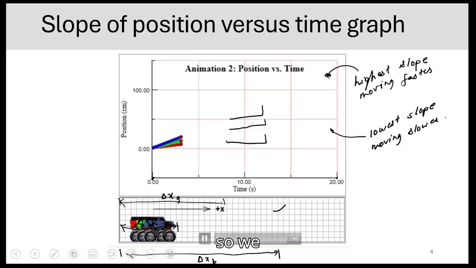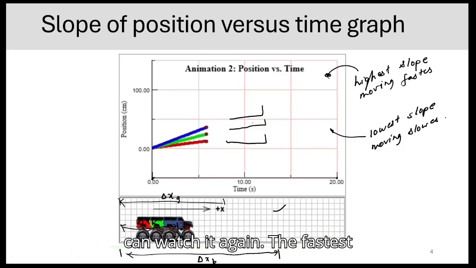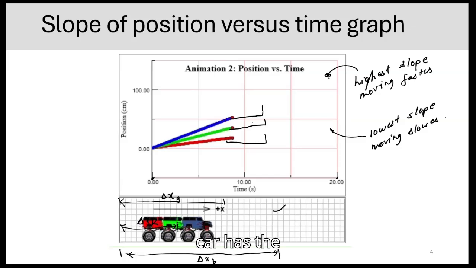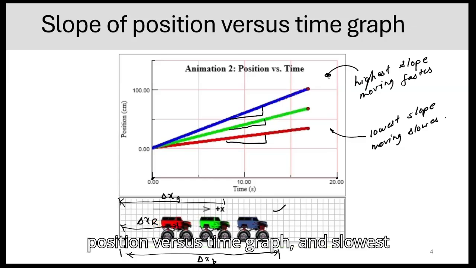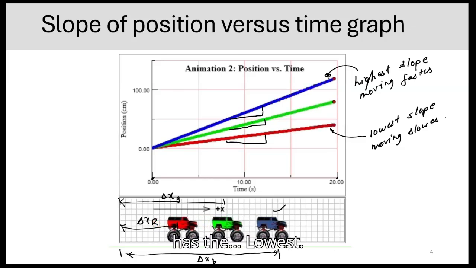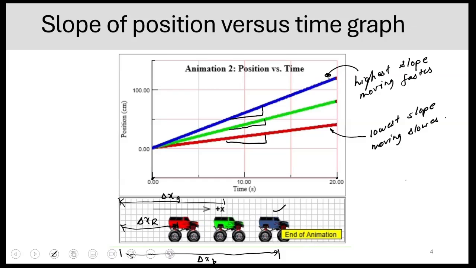So we can watch it again. The fastest car has the steepest position versus time graph, and the slowest has the lowest slope.